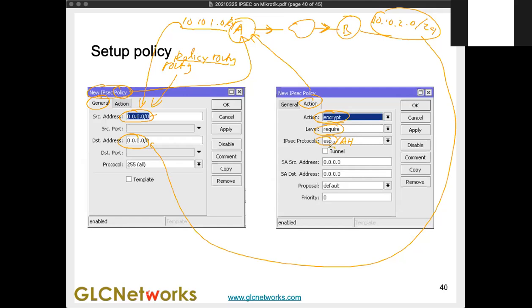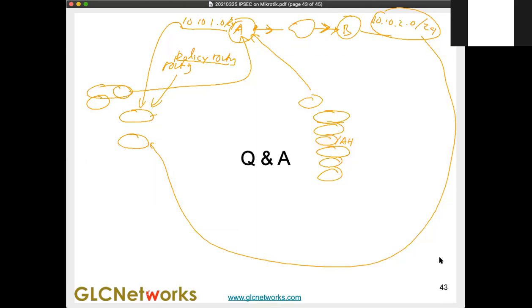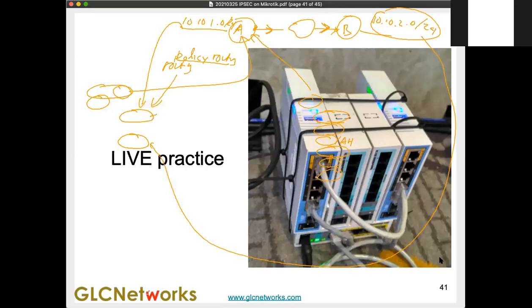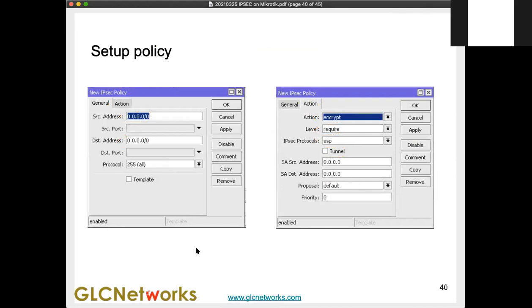And then check, is it for tunnel or not? And then for SA, IP address, it can be from here to here. Okay, so that was the example, the concept of how you configure IPsec on Mikrotik. Basically that's how it works.